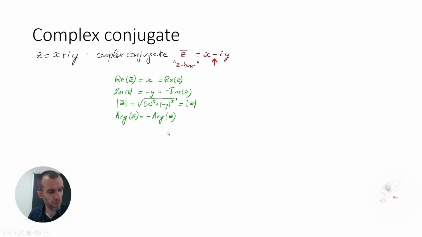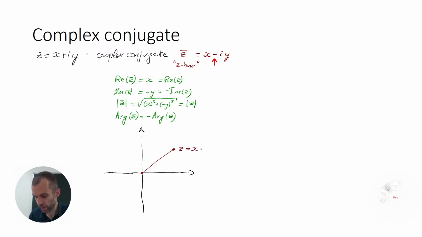And what that means is that the complex conjugate has a very nice interpretation if you look at the complex plane. So if this is our complex plane and this is our z equal to x plus iy, then z bar has coordinates x, so the x value stays the same, but the imaginary part now is minus y.